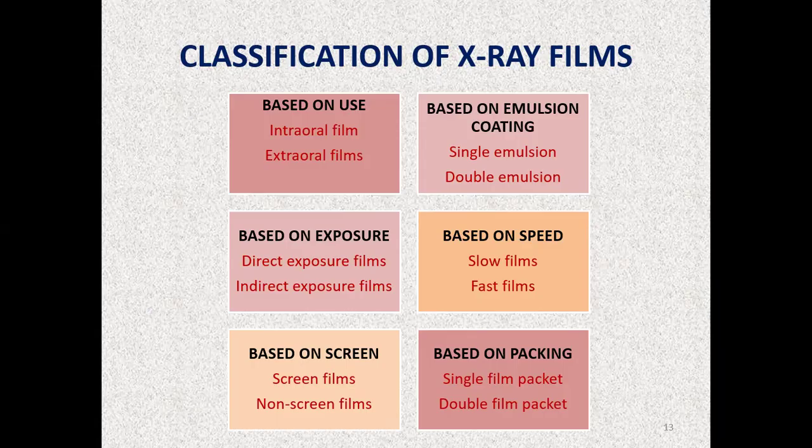Based on the speed, slow films and fast films. Based on the screen used, screen films and non-screen films. And also based on packing, single film packet and double film packet.